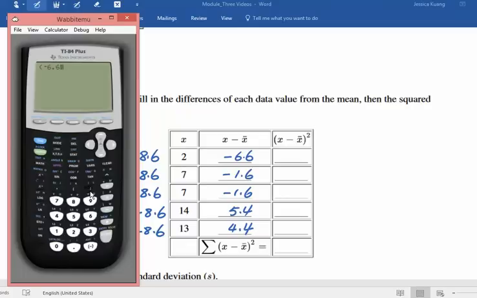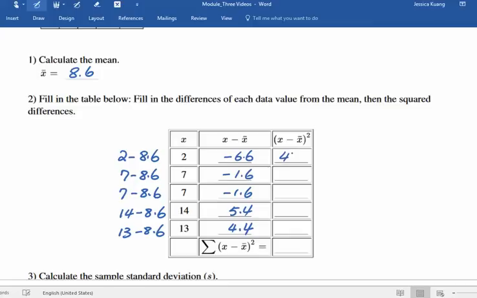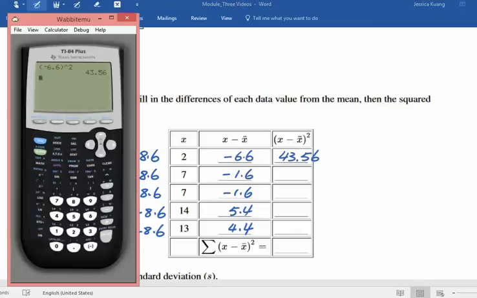Close the parenthesis and raise to the power of 2, and in this case I will have 43.56. If we do not include the parenthesis, when I square it, I will have a negative sign in front of my 43.56. That would be wrong.